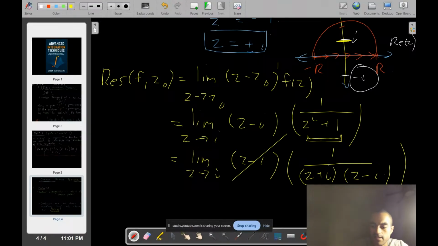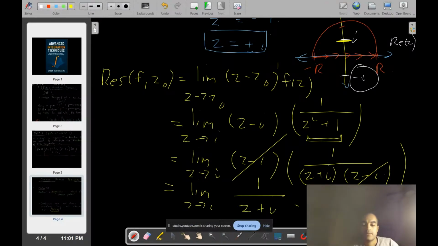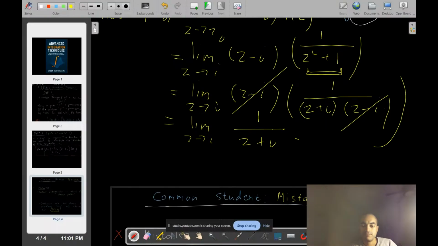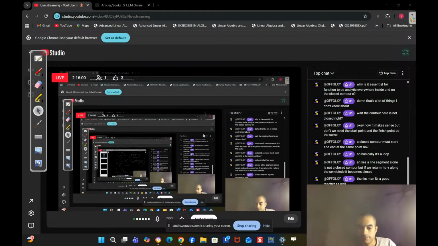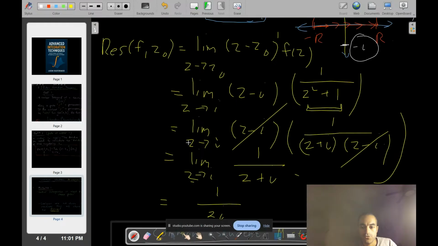The z minus i cancels. I'm left with the limit as z approaches i of 1 over z plus i. If I input my limit where z approaches i, this gives me 1 over 2i.